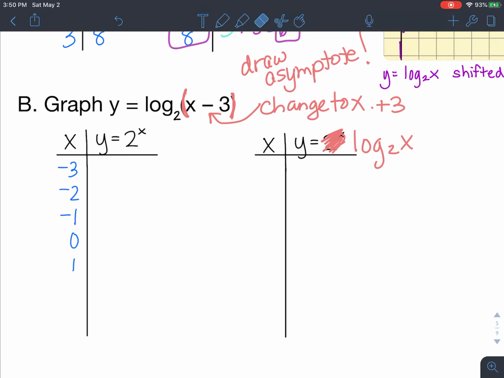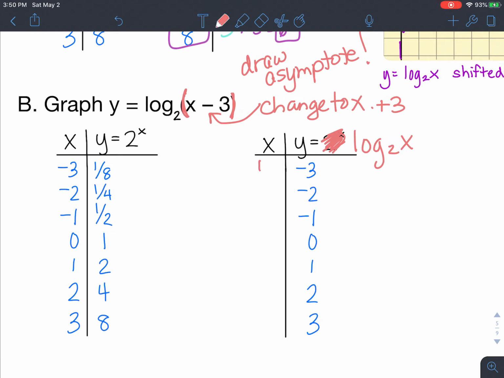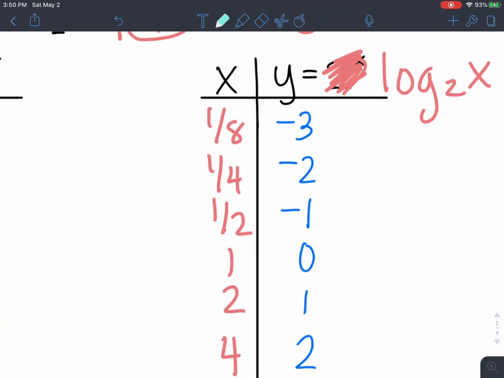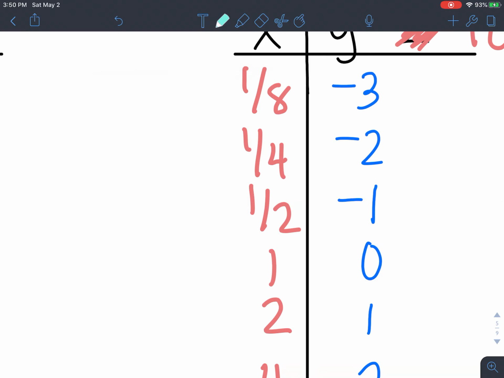So first I have my x values for 2 to the x and their corresponding y values. And then I switch the x's and y's, right? Okay, so this is log base 2 of x, and then I'm going to take all of my x's and I'm going to add 3.